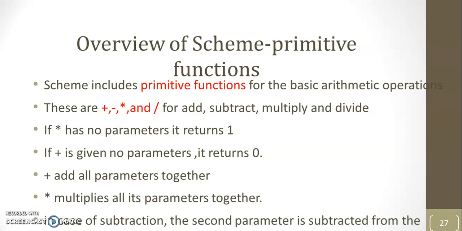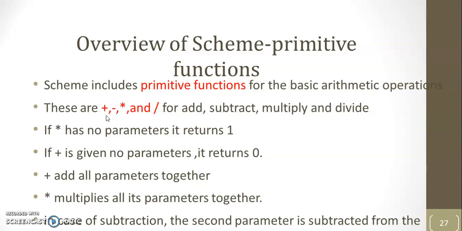Then related to the different functions, as we have seen, the parenthesis will be helping in determining the function. So within parenthesis, the first parameter will be taken as the function name, and the second, third or later parameters will be considered as the arguments used with the function given first.